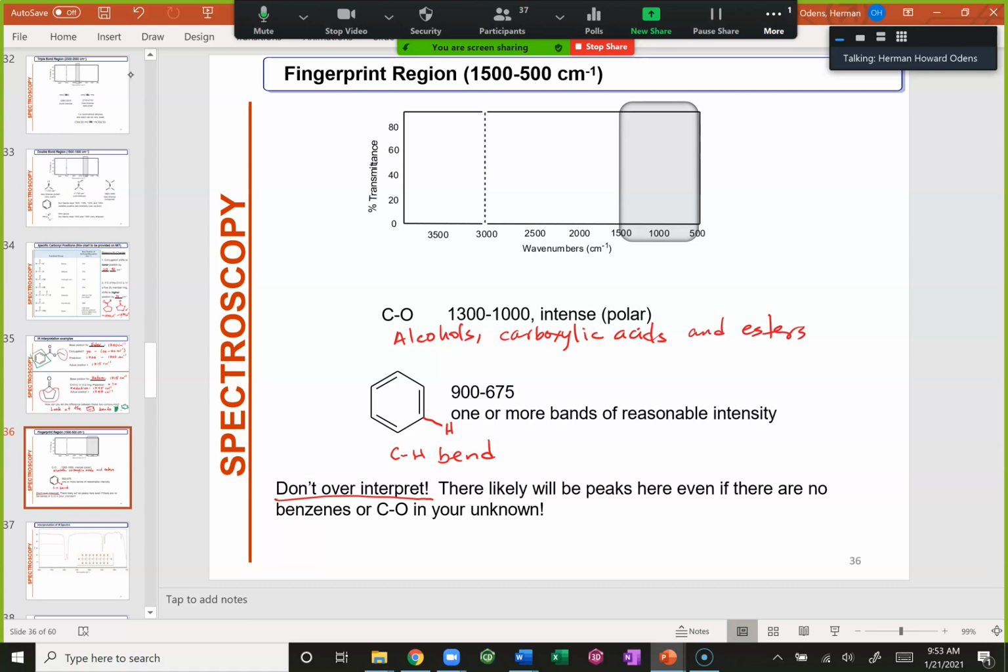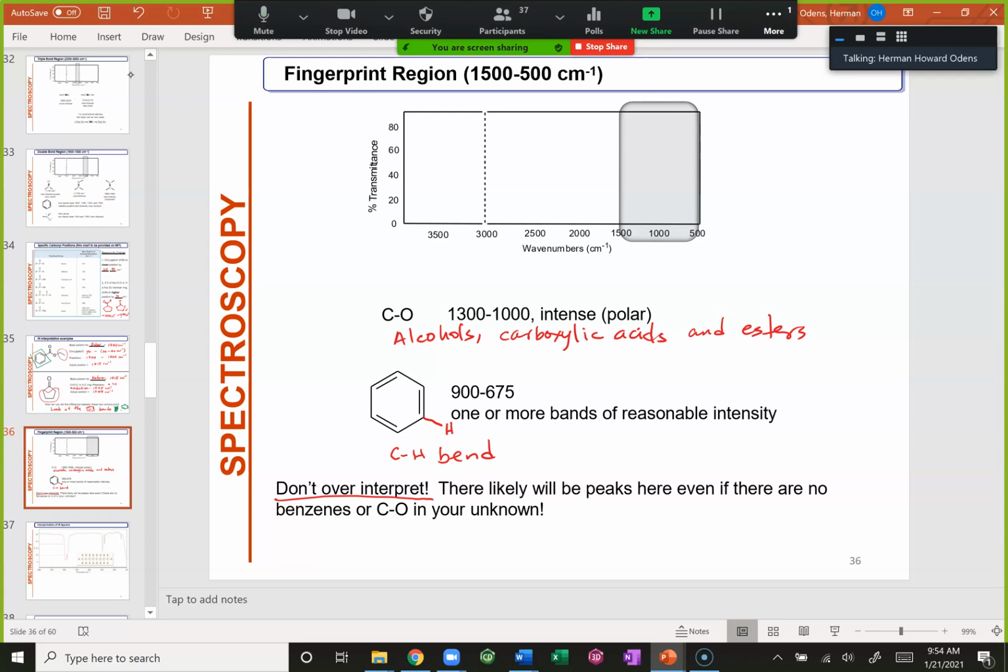Every molecule has its own pattern, and you will see in the lab that the fingerprint region has a plethora of peaks, which help you to match your unknown, which is kind of cool. Each compound has a unique pattern in the fingerprint region. The only thing you can assign here will be your CO and your CH band.